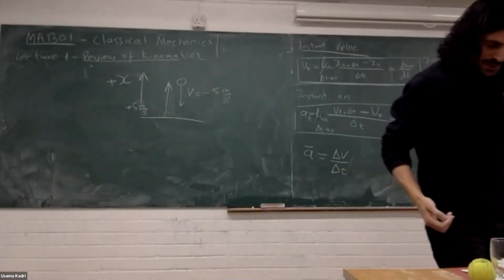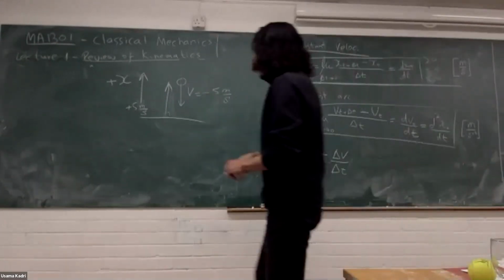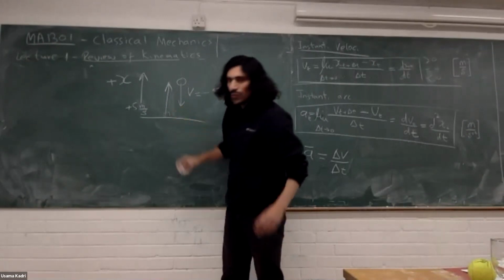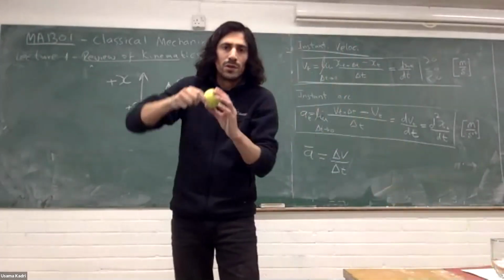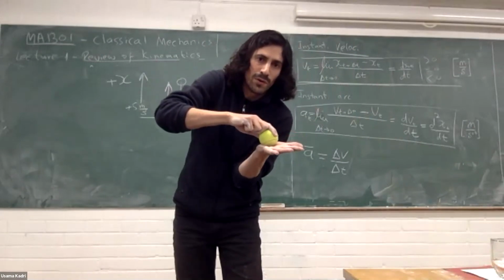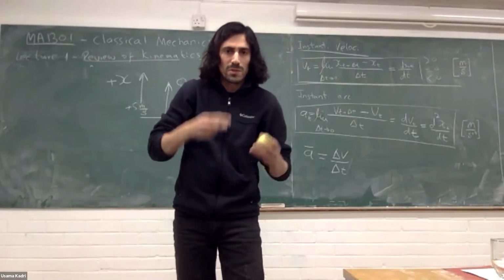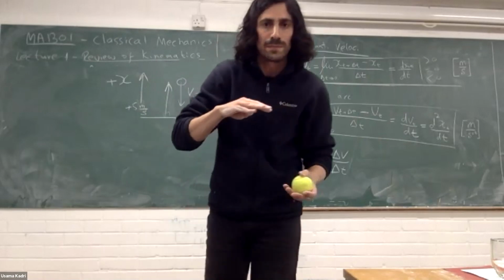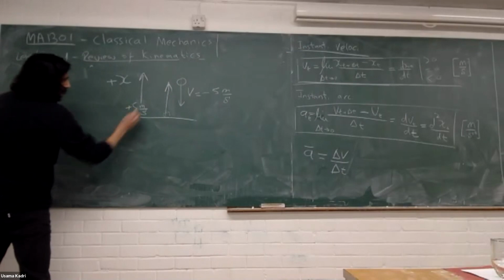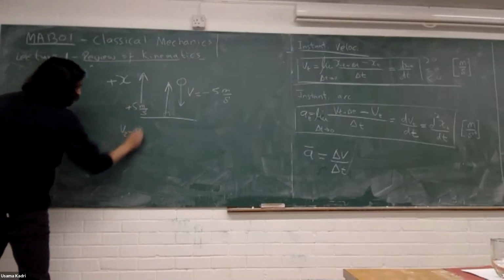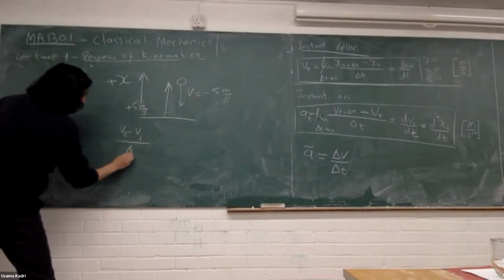What is the acceleration now? Well, to know the acceleration, I have to know the time that it takes this ball touching the floor and bouncing back from the floor, because the acceleration happens only at this time. So in this case we have v2 minus v1 divided by delta t.